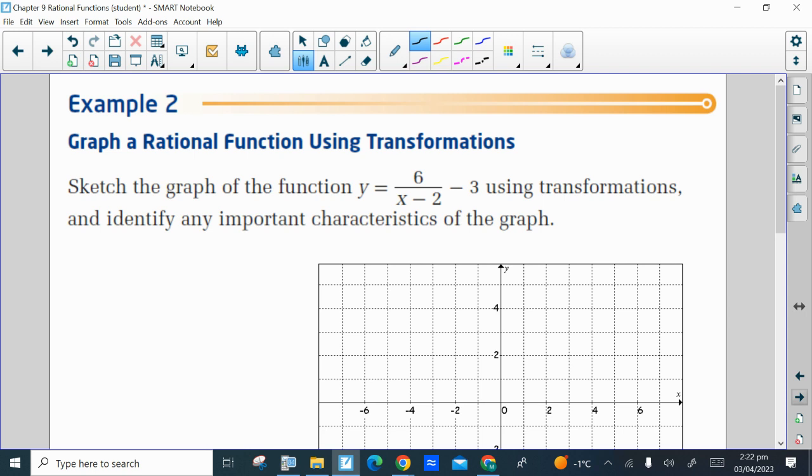So looking at this next one, this is a transformation of y equals 6 over x, or we can say it's a transformation of y equals 1 over x.